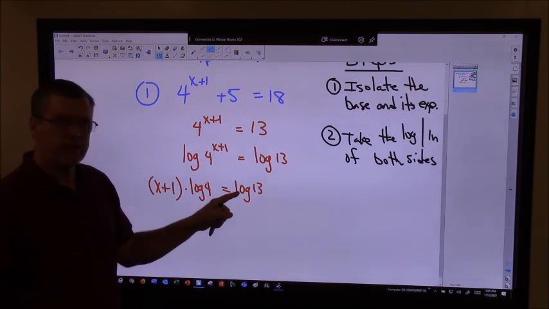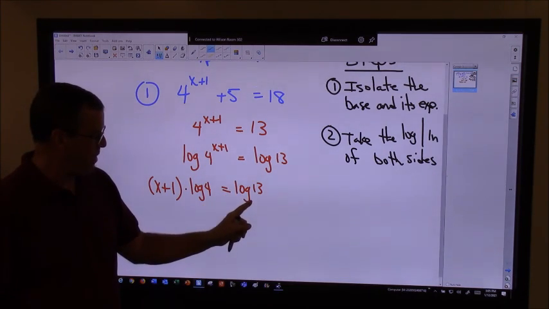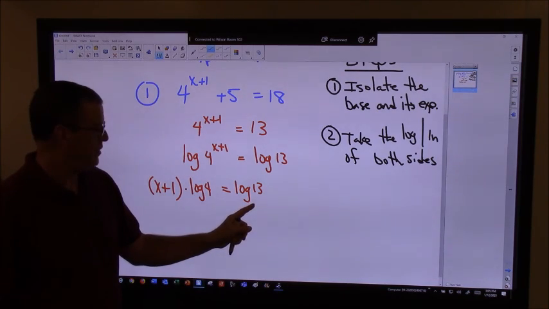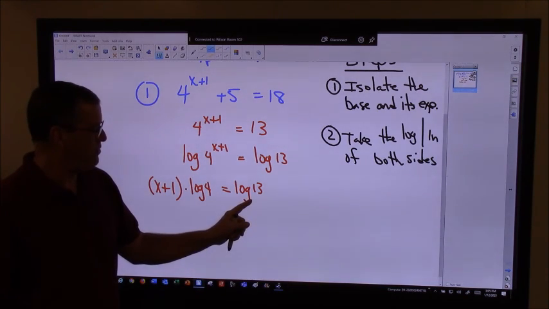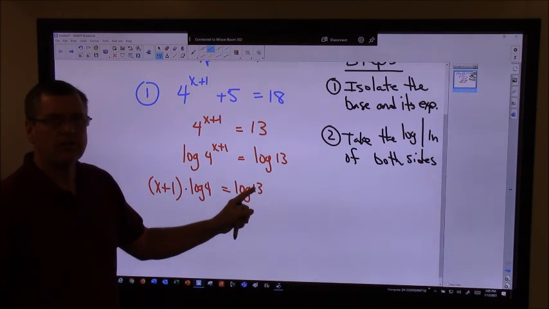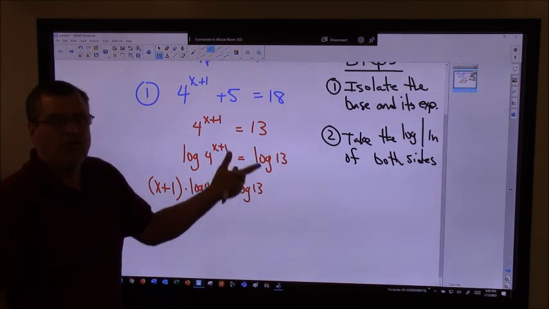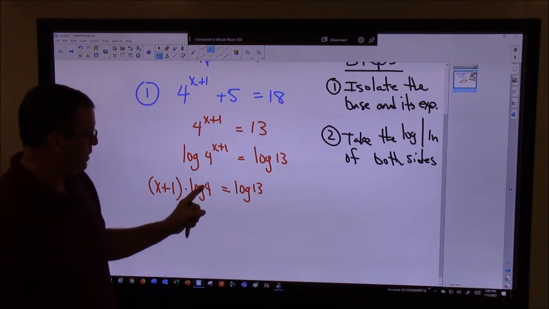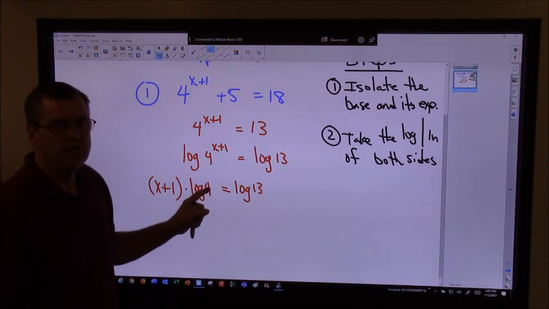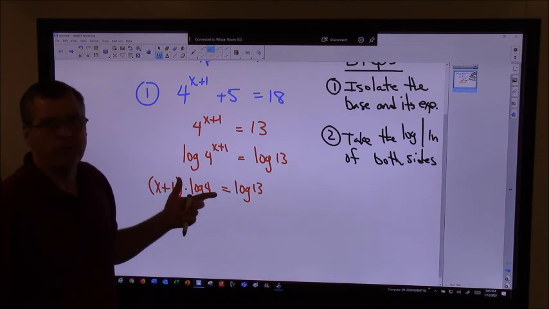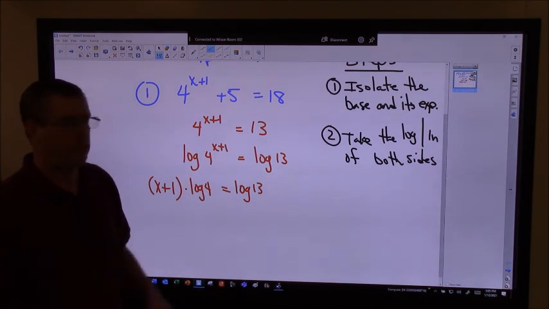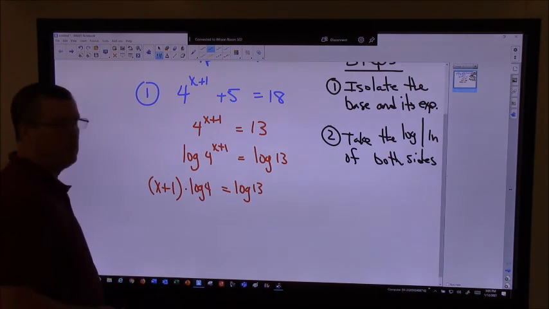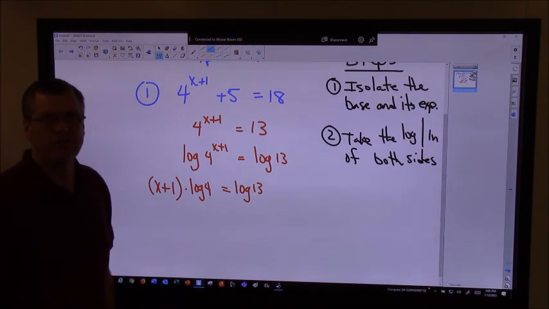Remember, a log is an exponent, and what we're saying is whatever the base is, this is base 10, right, because there's nothing written there, 10 raised to what power equals 13? I don't know. I'm going to use my calculator to find it out. Or 10 raised to what power equals 4? I don't know, but it's just a number, right? It's just some decimal number. So every time we see this, we have to think to ourselves, well, it's just a number.